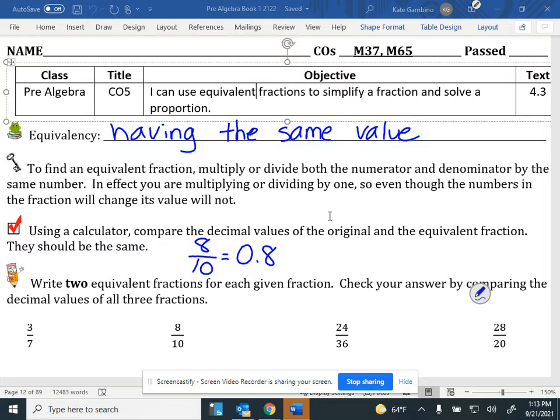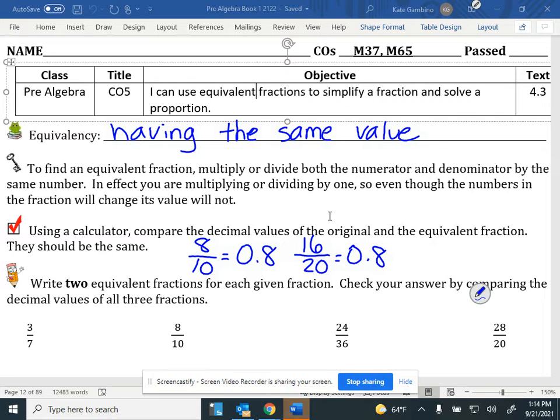We're going to want to go to decimals. If it's 16/20, do you have your calculator? Do 16 divided by 20. It's 0.8. Oh, it is.